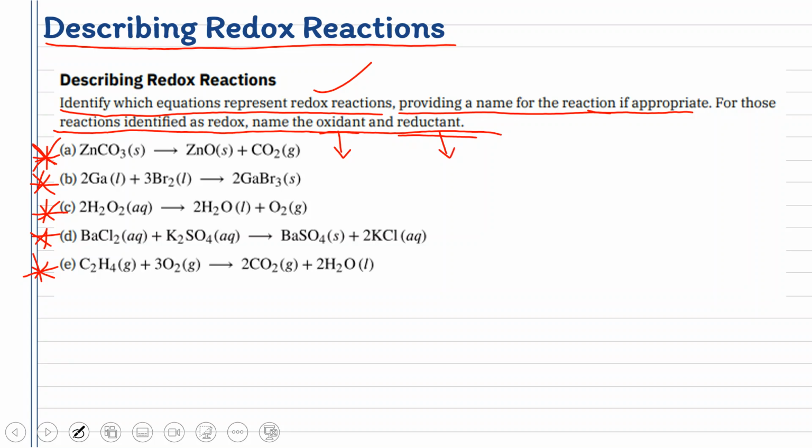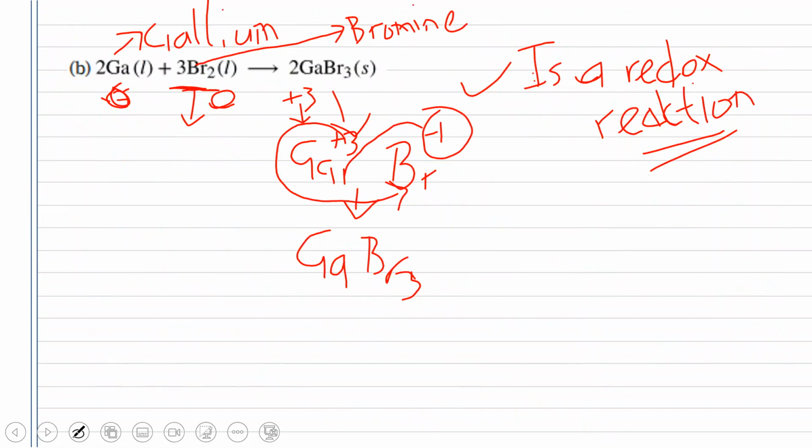Which one is the reductant or reducing agent? To be able to tell which one is the oxidizing agent and which one is the reducing agent, you need to know what is happening here.